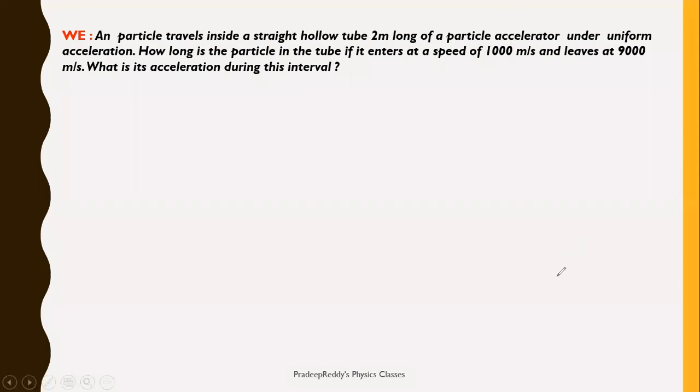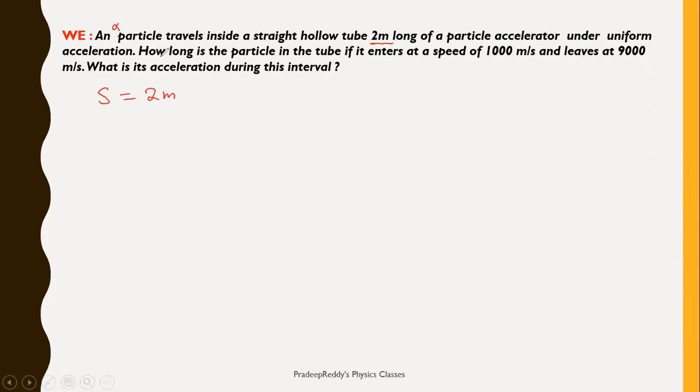Now coming to the next problem, a particle, let us consider this as alpha. An alpha particle travels inside a straight hollow tube 2 meter long. That means this is 2 meter. 2 meter long of a particle accelerator under uniform acceleration.